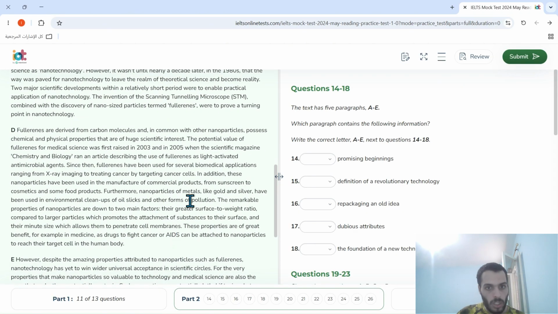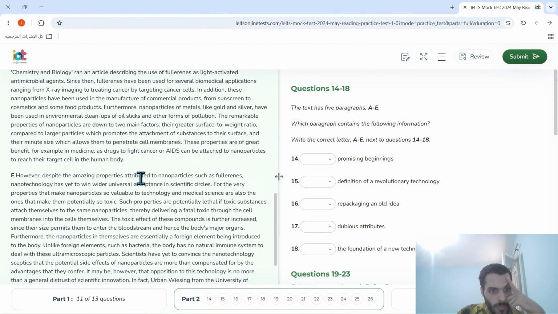The foundation of a new technology. Attribute.